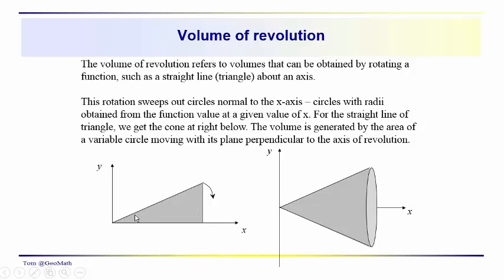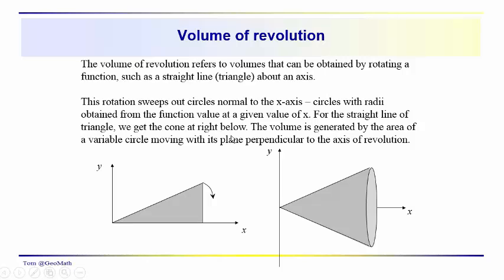So it defines a triangle. And the idea of volumes of revolution is that we rotate these areas about the x-axis, and we sweep out circles. So the circles are going to have variable radii, which decrease towards the apex of the cone.